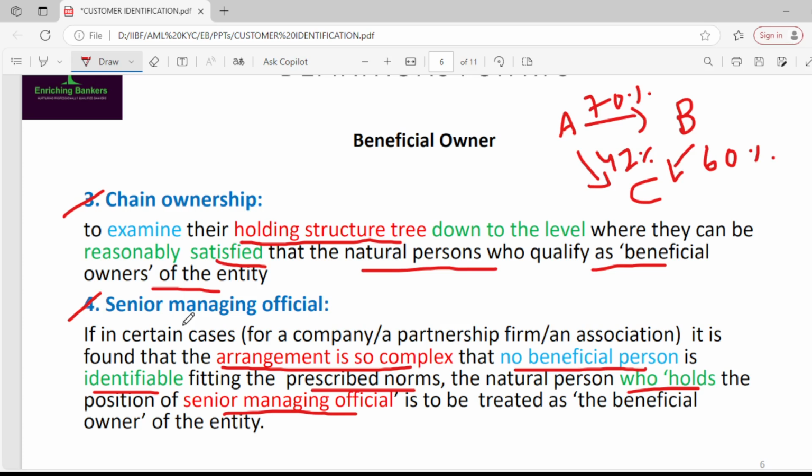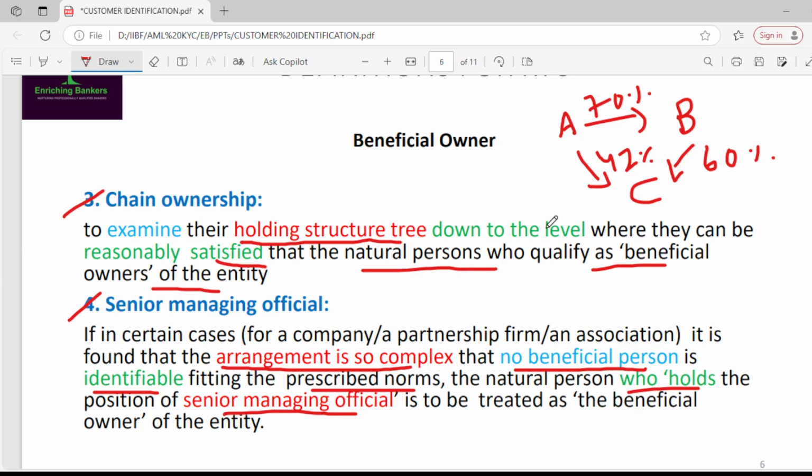In case the chain ownership arrangement is so complex, no beneficial owner is identified according to the prescribed norms, then the natural person who holds the position of senior managing official is to be treated as beneficial owner.